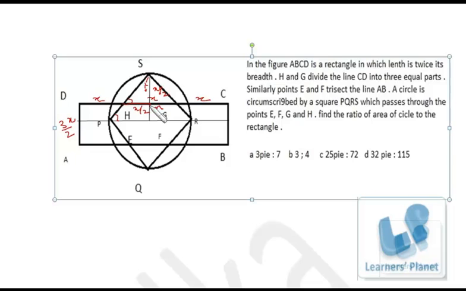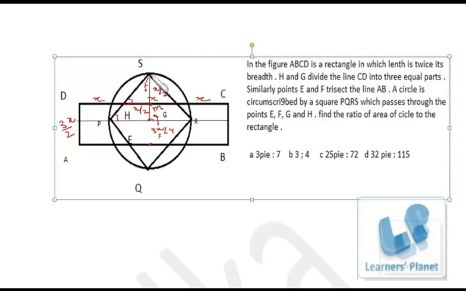Now from this point to this point, the total length, the height, is 3x by 2. That is nothing but the breadth of the rectangle. Right? Again, the figure is symmetric. So this length will be equal to this length, right? This is the middle line of the rectangle. So the total length is 3x by 2. That means from this point to this point, it must be 3x by 4.